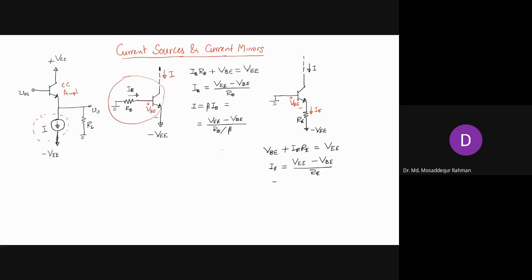And I is IC, which is alpha IE. Right? Alpha is close to 1, so you can just approximate this as approximately equal to that divided by RE. So by adjusting the value of this resistance RE here, you can adjust this bias current.